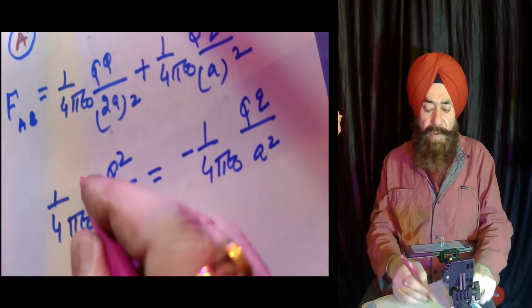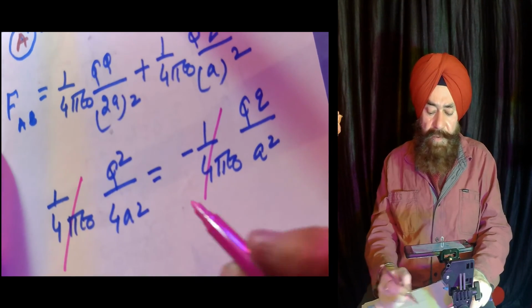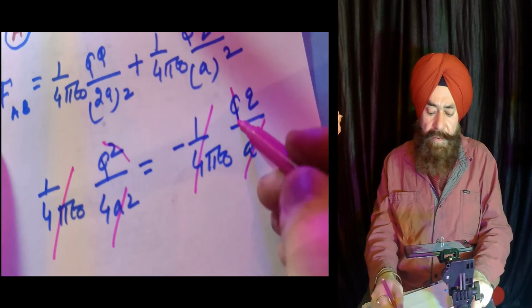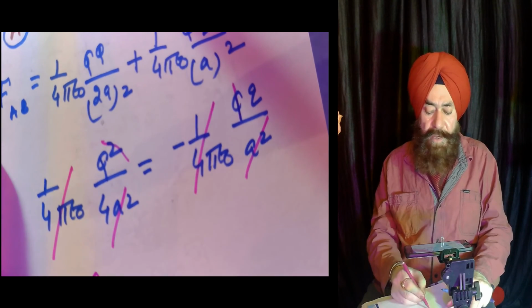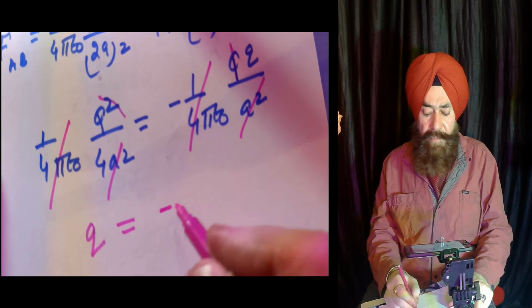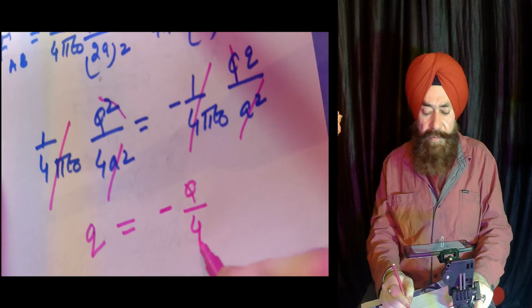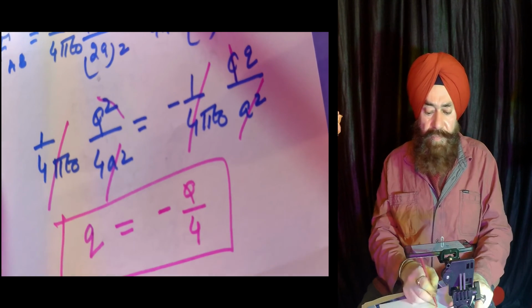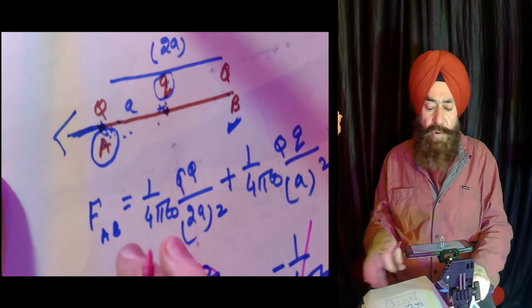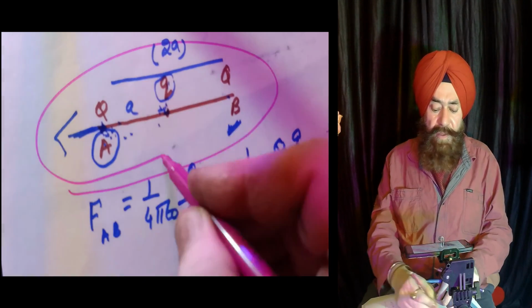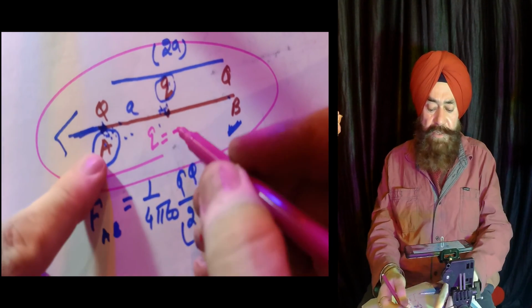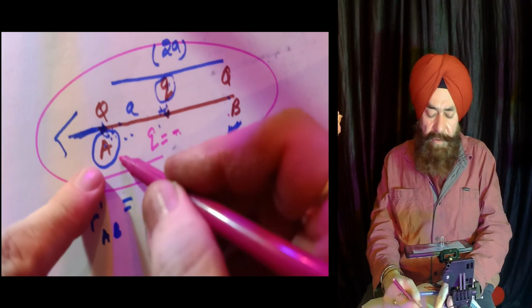That means the answer for q becomes minus Q by 4. The whole system will be in equilibrium if this charge is opposite in sign to the two.